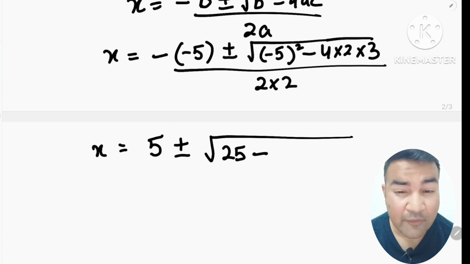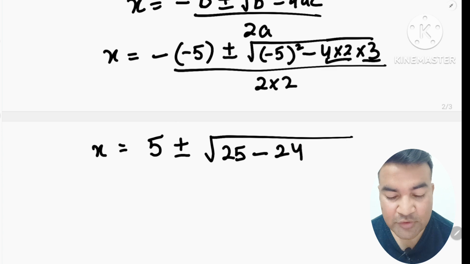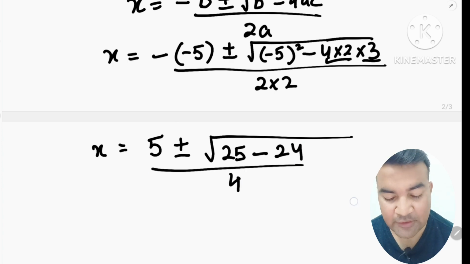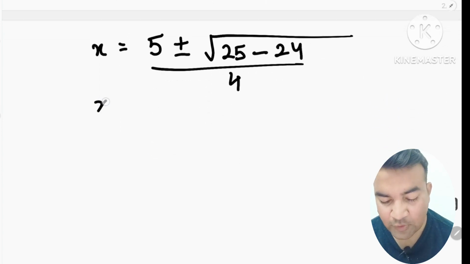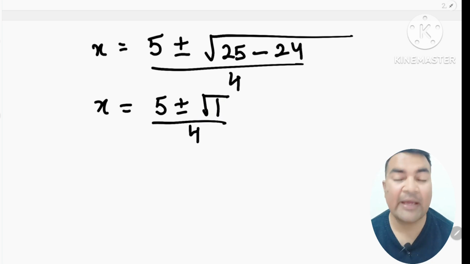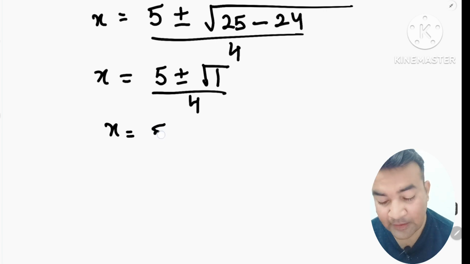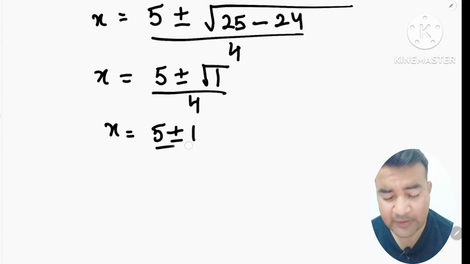Minus 4, 2s are 8, 8 3s are 24, over 4. Now here x is equal to 5 plus minus 25 minus 24, which is 1, over 4. Now do you know what is root 1? Very simple. Root 1 is 1.